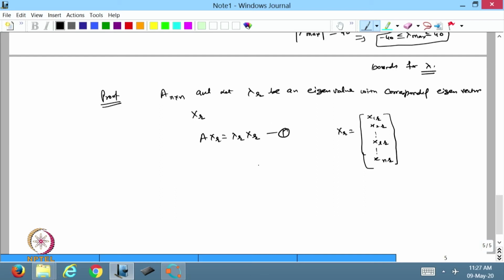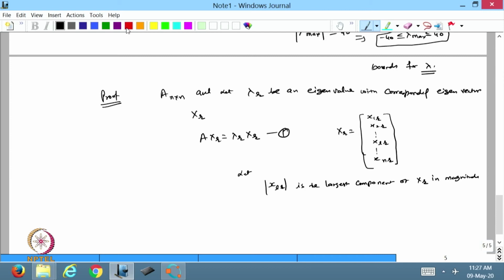Now, let modulus of x l r be the largest component of x r in magnitude.